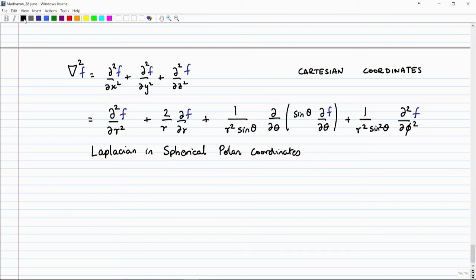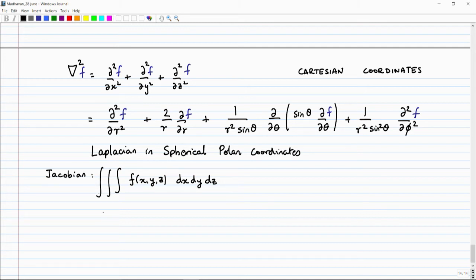Another thing that will appear very often is what is called the Jacobian. This appears when you have the integral of f(x, y, z) dx dy dz, a 3-dimensional integral. So you are integrating over x, y and z.